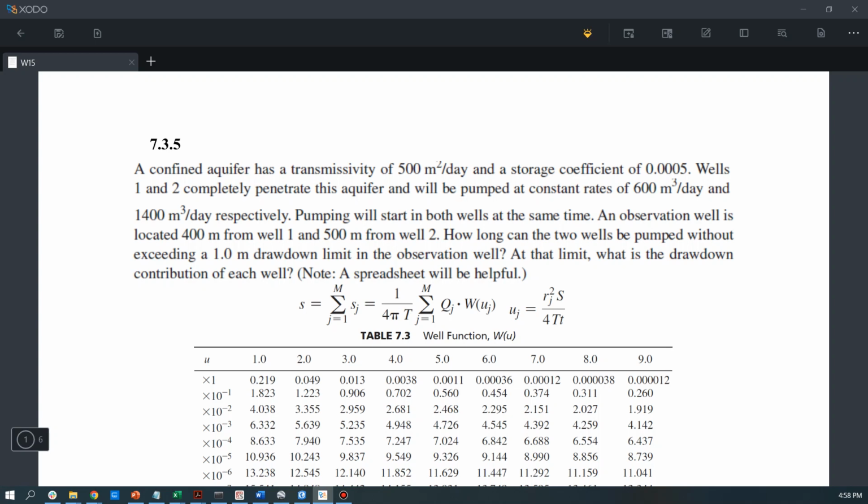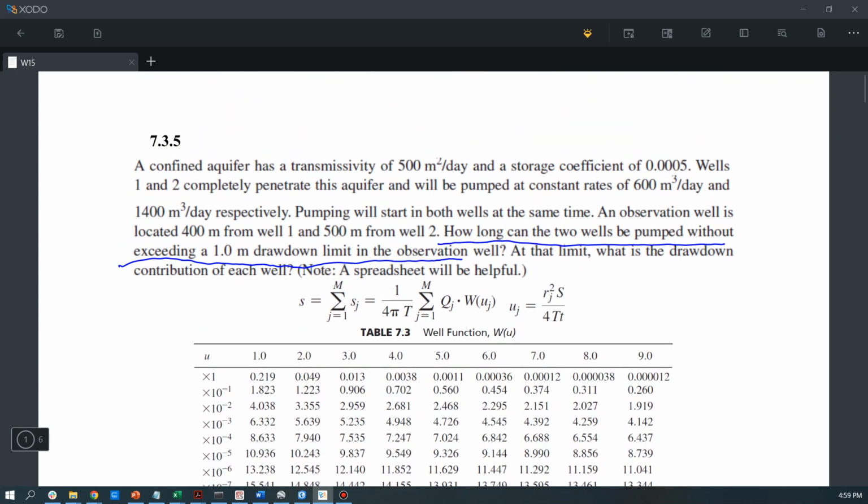Wells 1 and 2 completely penetrate this aquifer and will be pumped at a constant rate of 600 cubic meters per day and 1,400 cubic meters per day, respectively. We want to solve how long the two wells can be pumped without exceeding a 1 meter drawdown limit in the observation well.